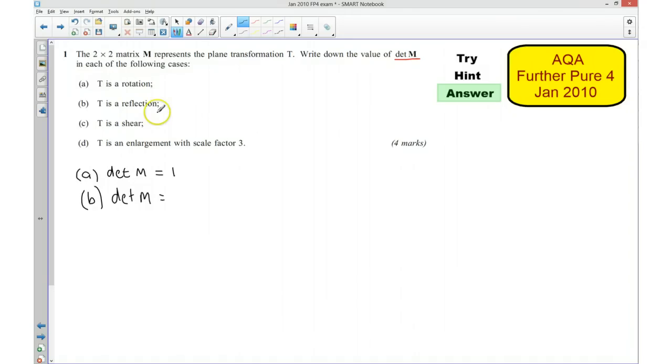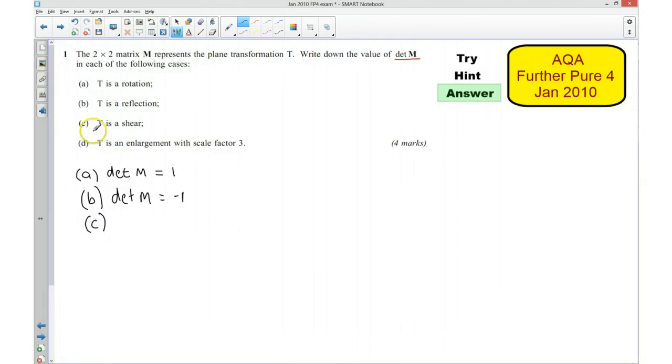Okay, so for the reflection, our determinant is going to be -1. Yes, so our area scale factor is still 1, but it's negative because it's kind of facing the other way now. So that's going to be -1.